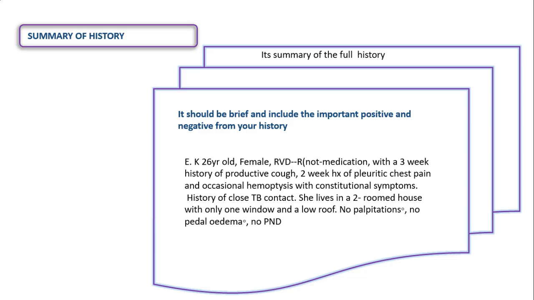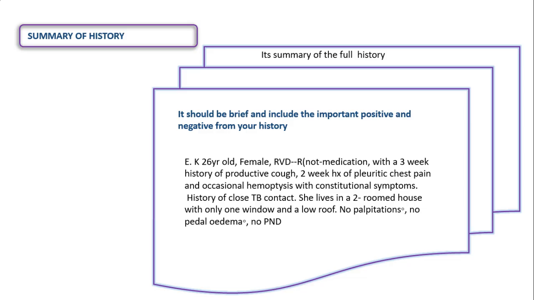So, for example, the patient is staying with someone who has tuberculosis, you would indicate close contact with someone with TB because it's a risk factor for acquiring this infection. Then even the house they're living in: she lives in a two-roomed house with only one window and a low roof. Then we move on: no palpitations, no pedal edema, and so on.